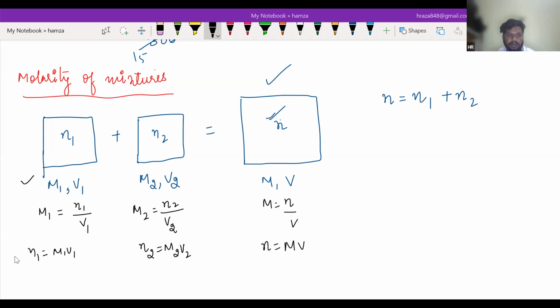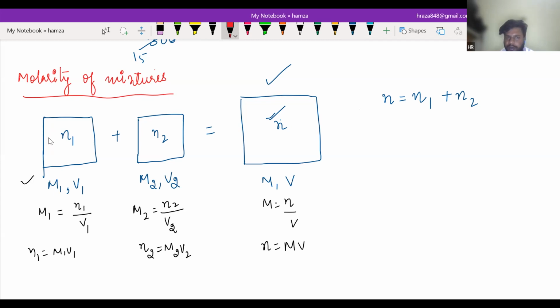If you have any doubt in this formula N1, N2... Am I audible? Am I not audible? Okay.